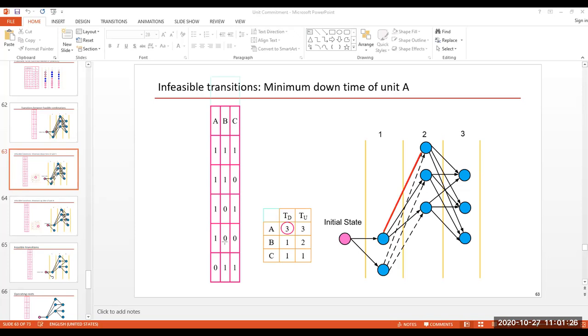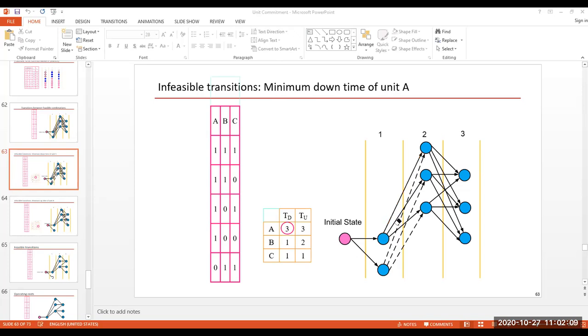If unit B were off, in the next hour I can turn it on because the downtime of 1 hour has been satisfied. Similarly, if unit C is off, I can turn it on in the next hour because the associated downtime is 1 hour only. So this transition is feasible.